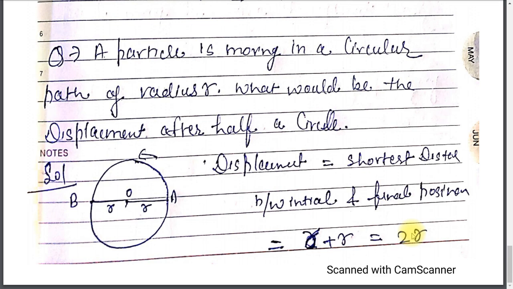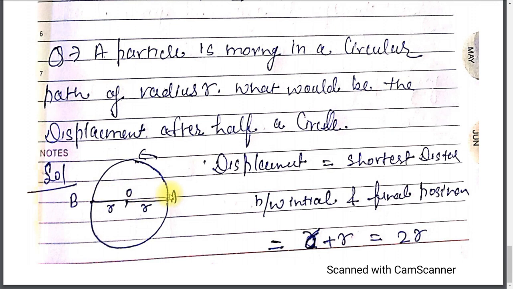Why are we not taking this path from A to B? Because this is the longest path and this is treated as the distance from A to B. But whenever we talk about the shortest path, this will be the shortest path.